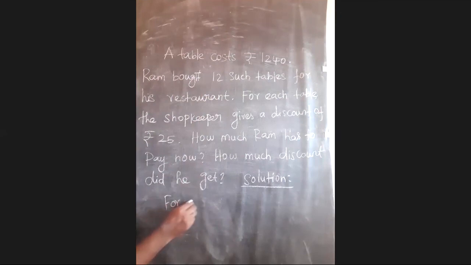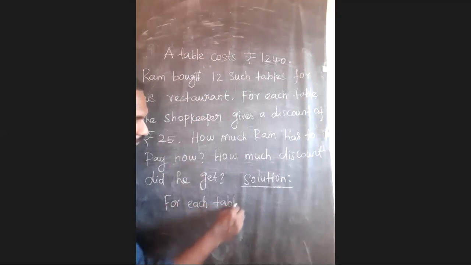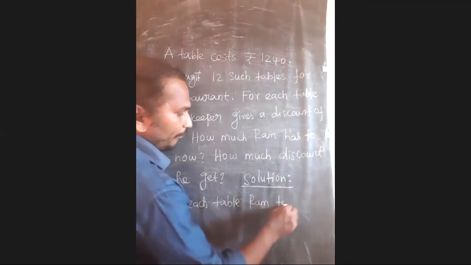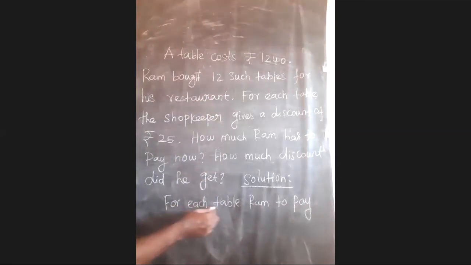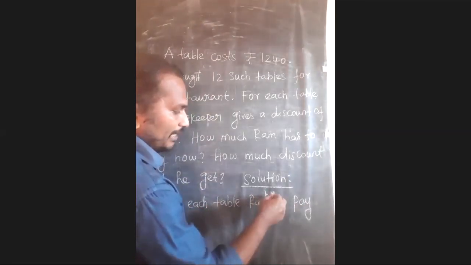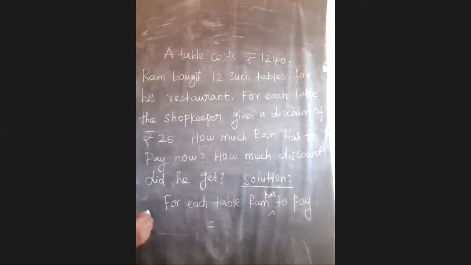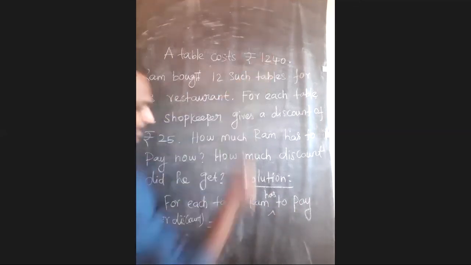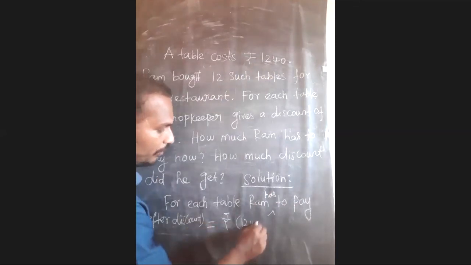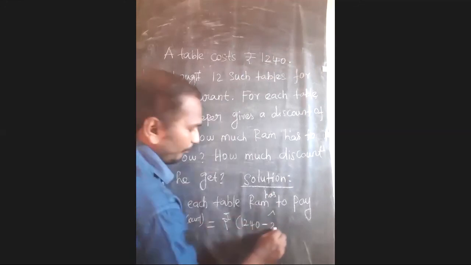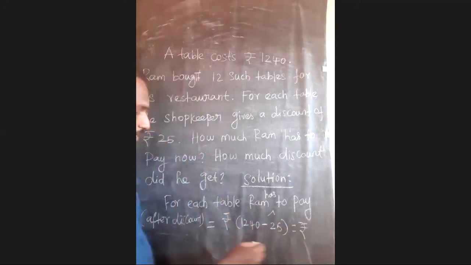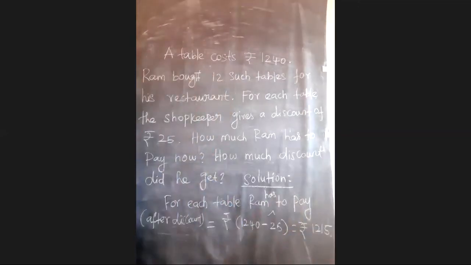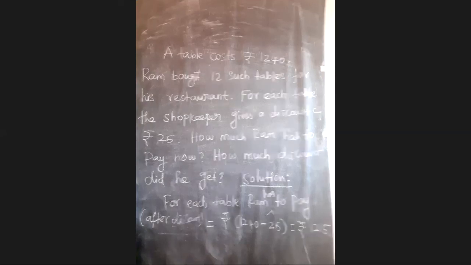For each table, Ram has to pay, after discount, and that is very important, rupees 1240 minus 25, that is rupees 1215.